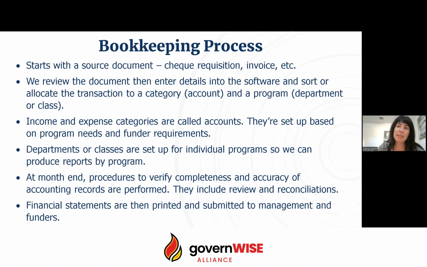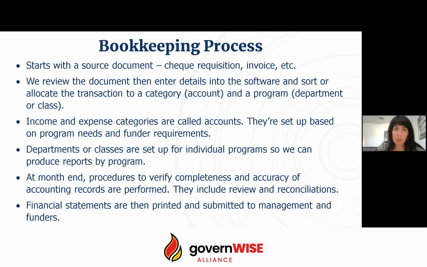And then our next allocation is to a program. So if we run many different programs, which is true for any not-for-profit organization or a First Nation, because we get funding from different funders or for different streams or different programs, then we would need to tell our software, allocate this to this program.